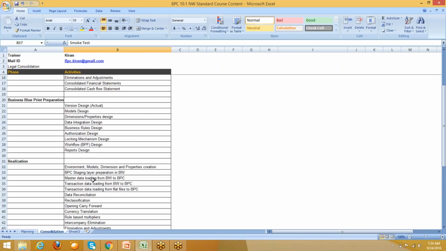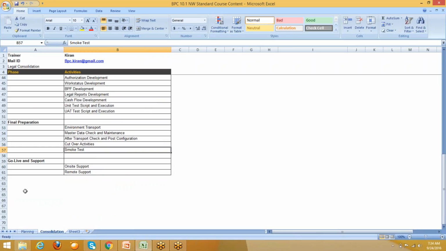So these are the things I'm going to cover as part of legal consolidation. Also, I will discuss management consolidation. Management consolidation is basically based on some US elimination rules, business rules. So we are going to configure this US elimination business rule, and we are going to discuss what is management consolidation.